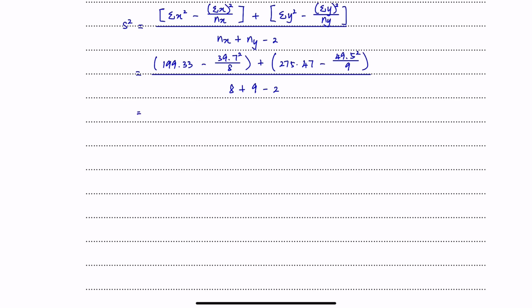So our pooled variance would be 0.36925.